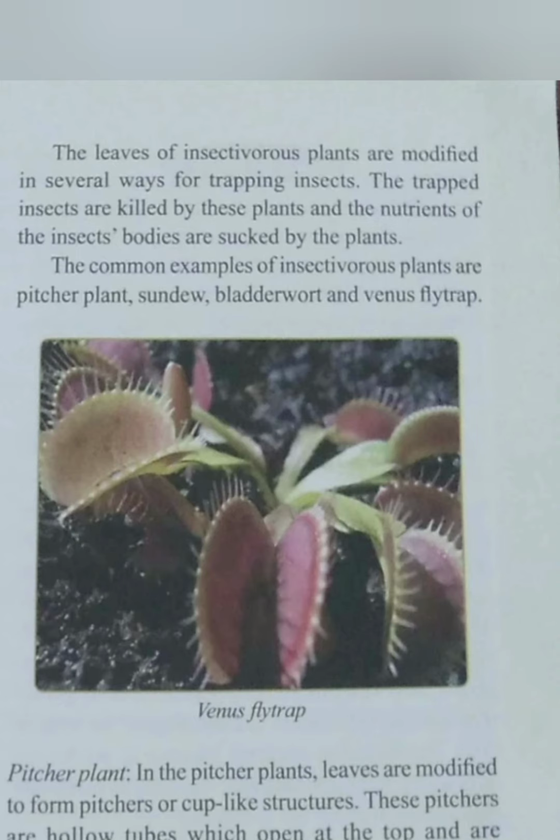The leaves of insectivore plants are modified in several ways for trapping insects. The trapped insects are killed by these plants, and nutrients of the insect bodies are sucked by the plants. The common examples of insectivore plants are pitcher plant, sundew, bladderwort, and Venus flytrap.